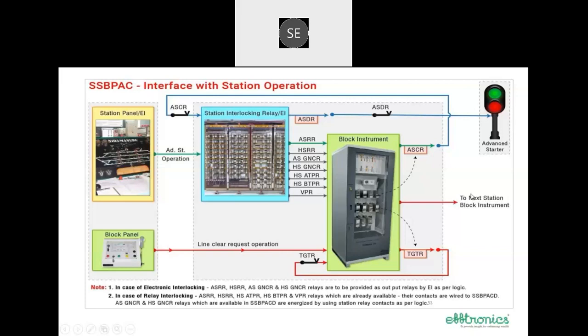If all conditions are satisfied, TCF relay of other end block instrument picks up, and that enables TGT relay of sending station to pick up. So TGT picks up indicates that line clear has been obtained, and TCF at the other station indicates line clear has been granted.